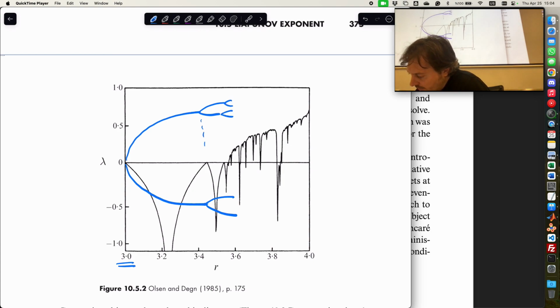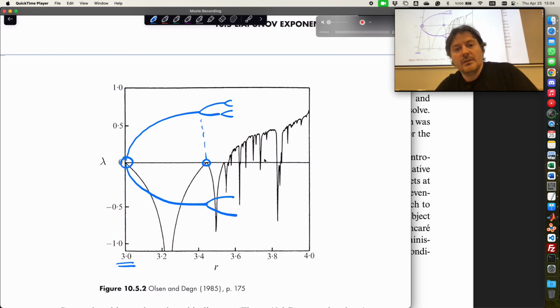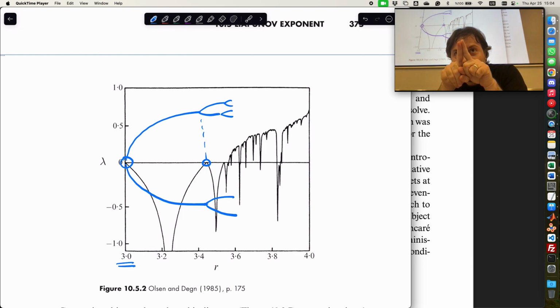At those points, the Lyapunov exponent is exactly 0. Do you see? 0, 0, 0. So the Lyapunov exponent goes to 0, hits it, comes back down, hits it, comes back down, and starts hitting faster and faster as it approaches chaos. And right at chaos, it goes positive. So it's a very good tool to find exactly where the chaos starts.